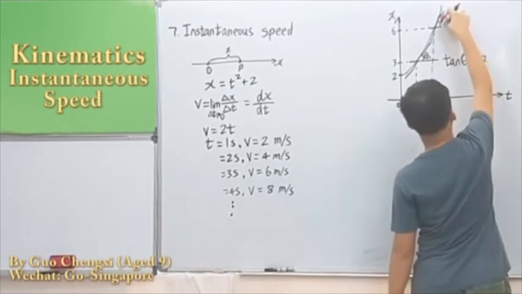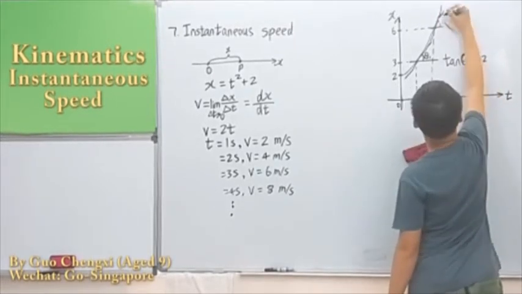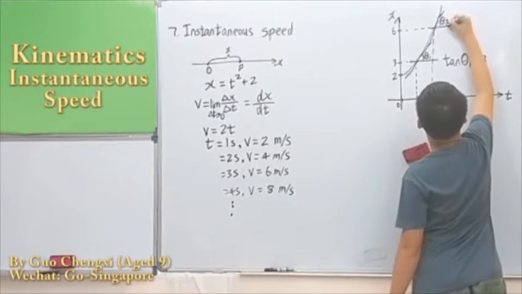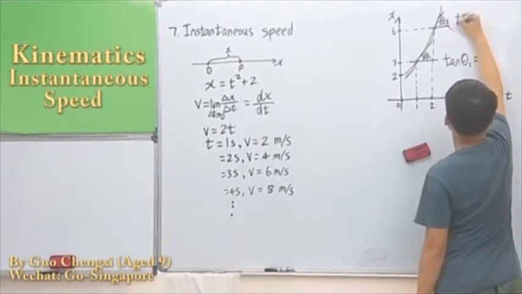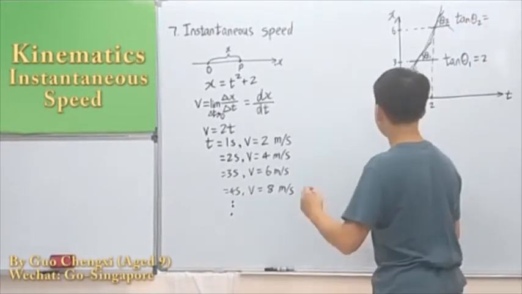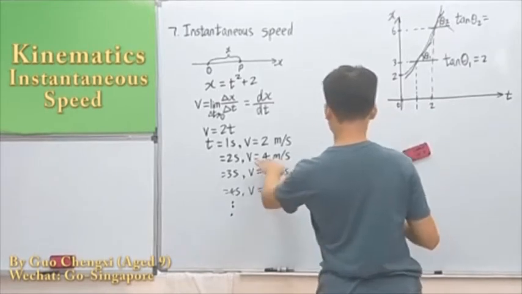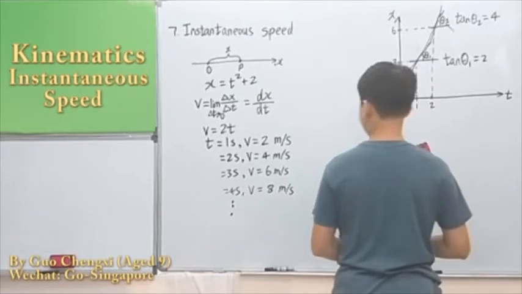Wait, let me just write that more. Okay, this part you call it theta 2. Then how about tangent theta 2? Tangent theta 2 at this part will be this 4. Okay, so you have these.